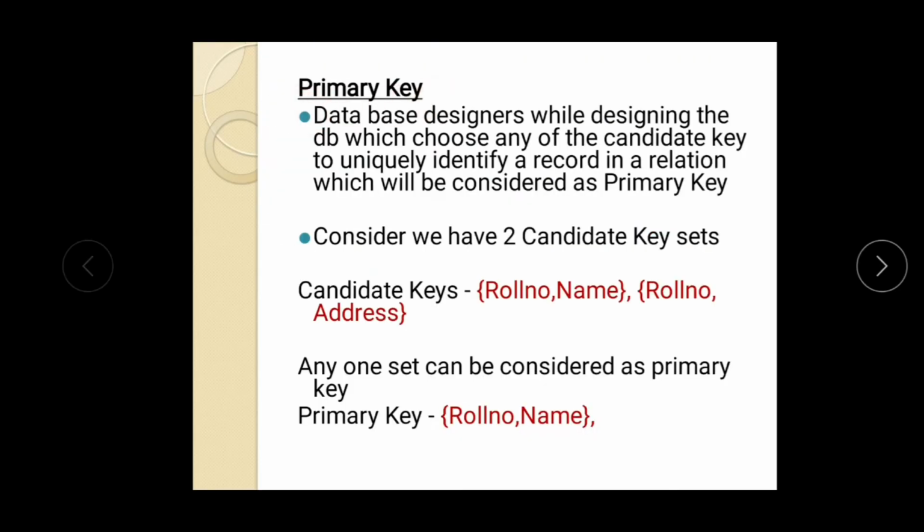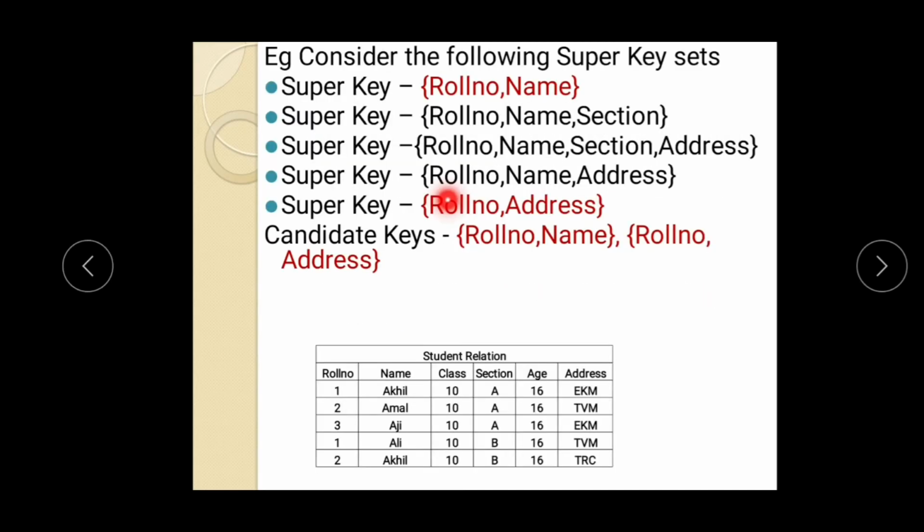So for the primary key, we have already taken two candidate keys, roll number and name, and roll number and address. We can choose any one of these sets as a primary key. The database designer will choose any one of these sets as the primary key, either roll number and name or roll number and address.